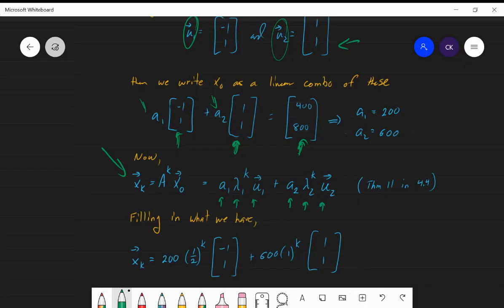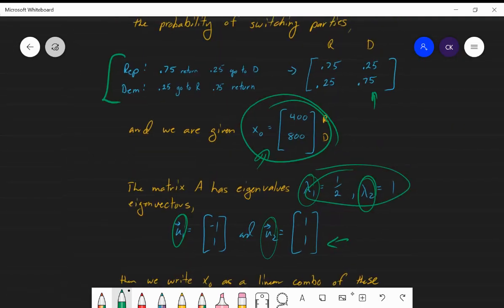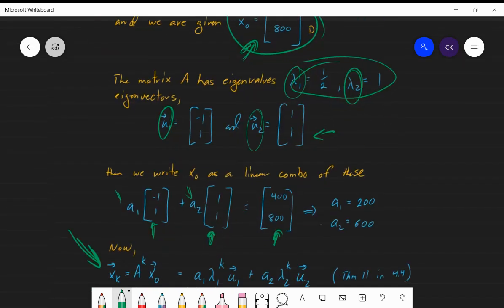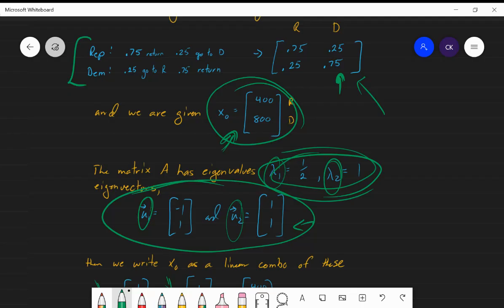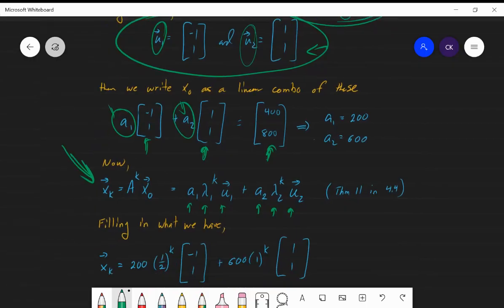We also need the eigenvalues, lambda 1 and lambda 2, and the associated eigenvectors. So those are all the components that we need to fill in our general term x sub k before we can actually evaluate it. So again, just reviewing that, we set up our matrix A, we grab our initial value, we then find the eigenvalues and eigenvectors for the matrix A, and we figure out what A1 and A2 are, these coefficients that represent the linear combinations.